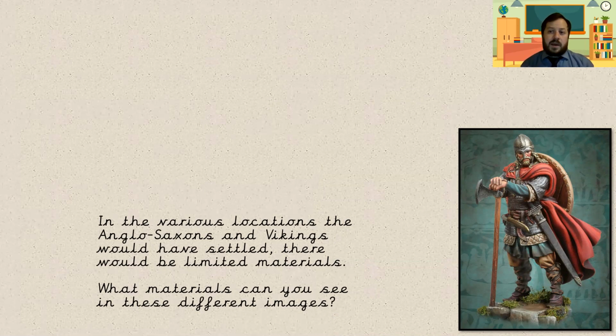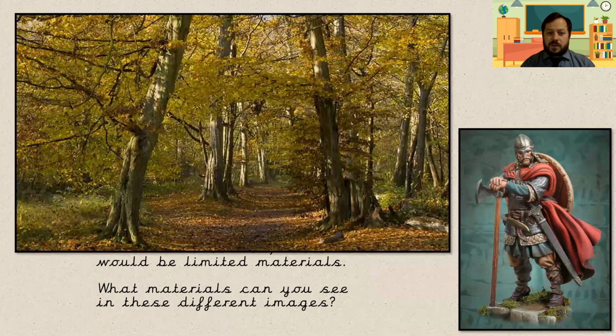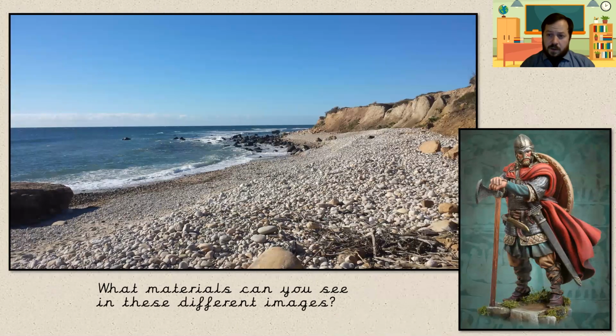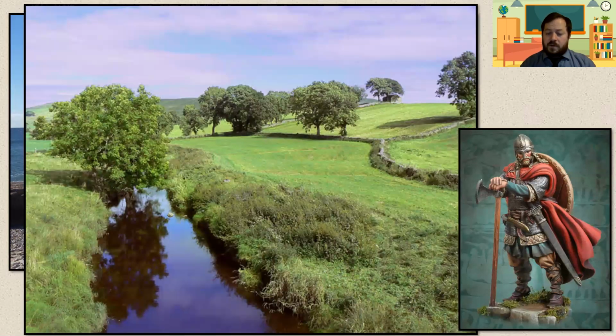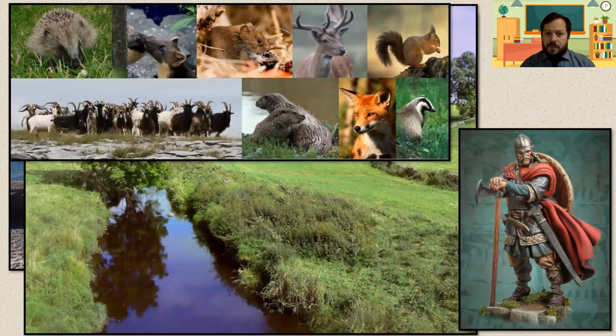What might we be able to use as a material? So the first one is a woodland, and then a coastline, and a field, and then some animals that would have been around in nature around them.